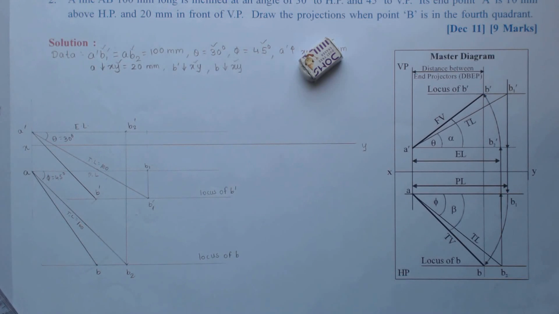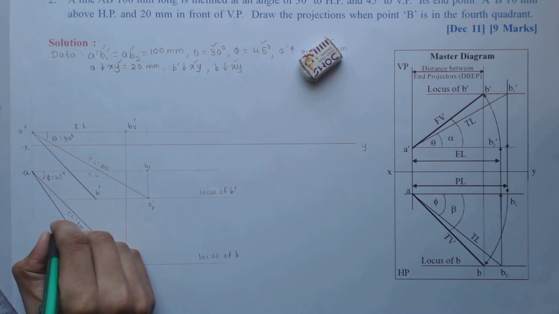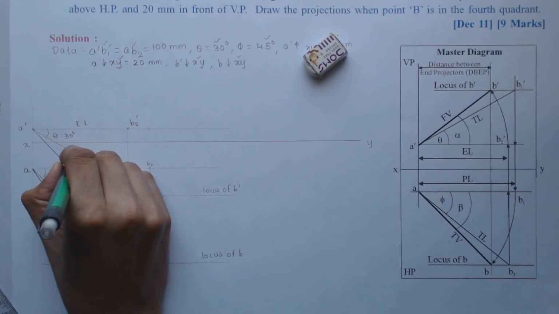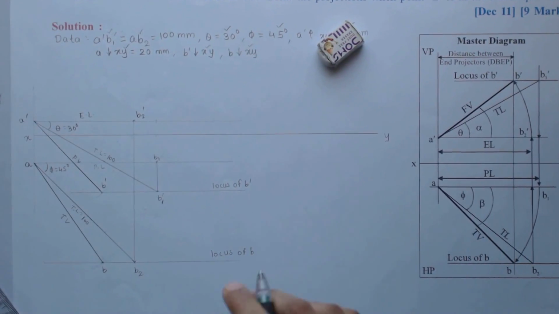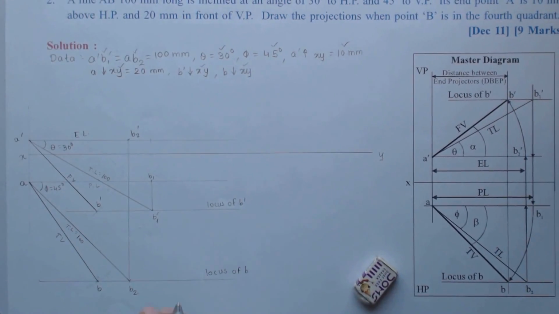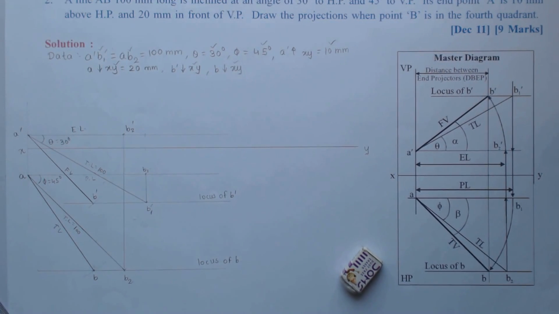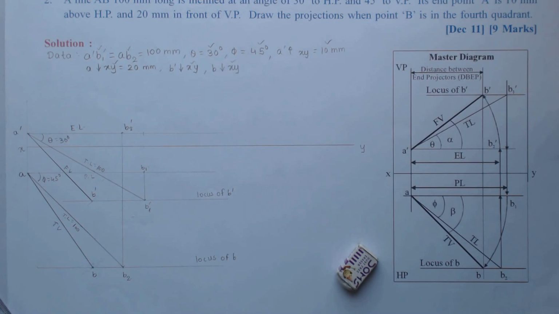Okay, so this is the top view and this is the front view. Now nothing is asked like major angle alpha or beta, so this completes your solution.